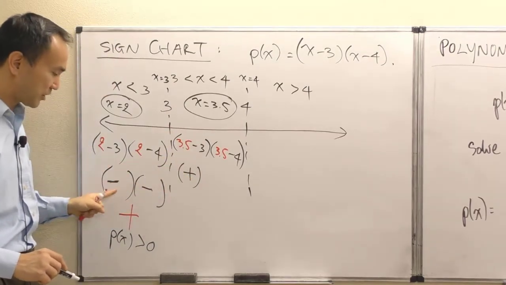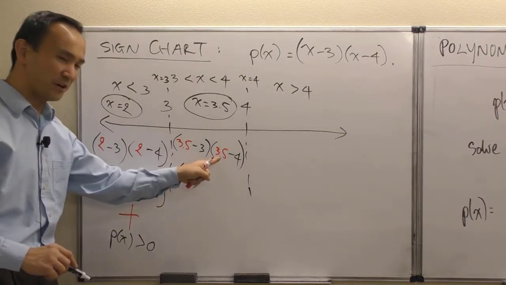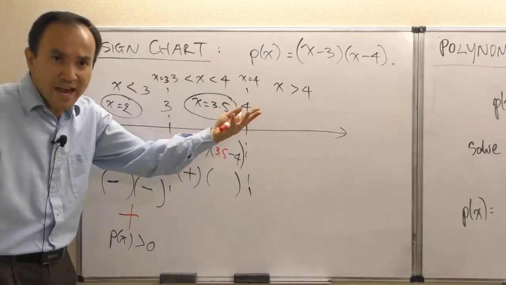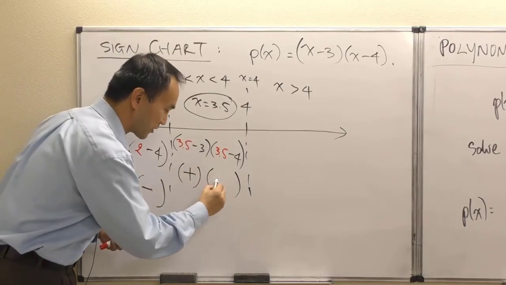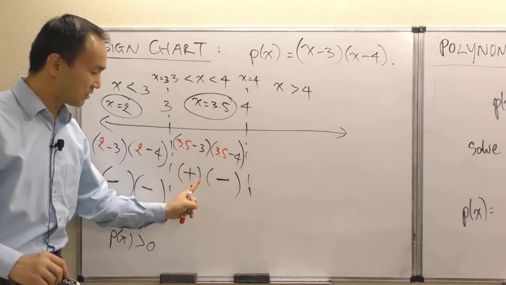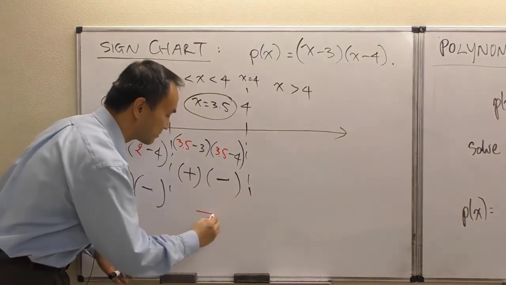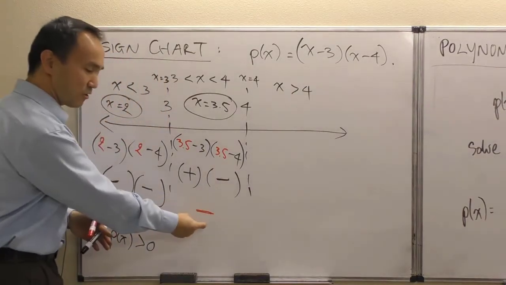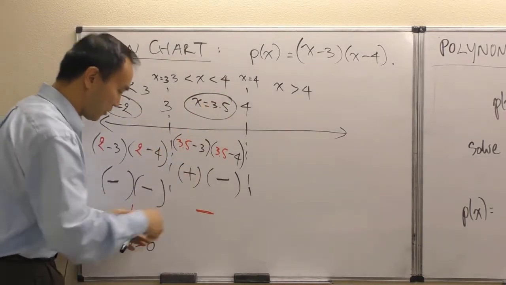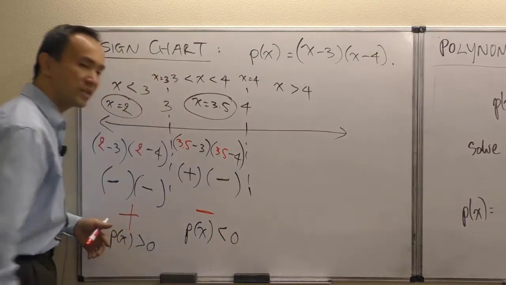All right, so 3.5 minus 4. Of course, anyone knows it's negative 0.5, but I was interested in the sign of this factor. So the sign of the overall product is a negative sign. That tells me as a conclusion, in this interval, my polynomial will be less than 0.